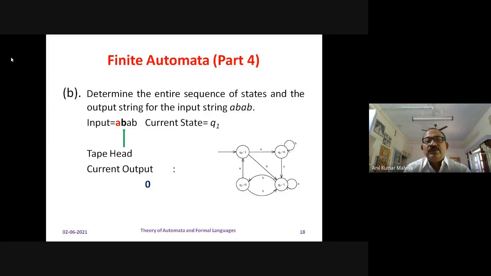And what is the previous output? 1. Is it clear or not? And now the tape head points to the next input symbol. And what is the next input symbol? B. And what is the current state? Q1. Is it clear? Any doubt?